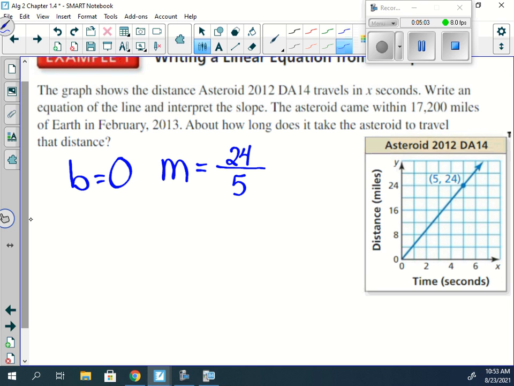And at this point, we could use y equals mx plus b, so y would equal 24 over 5 x plus 0, but we don't really need the plus 0 because it doesn't add anything.